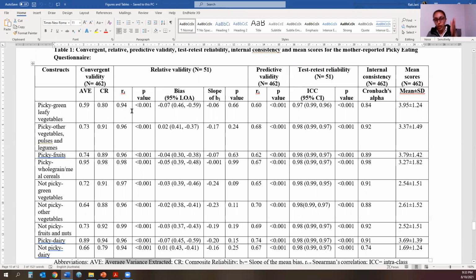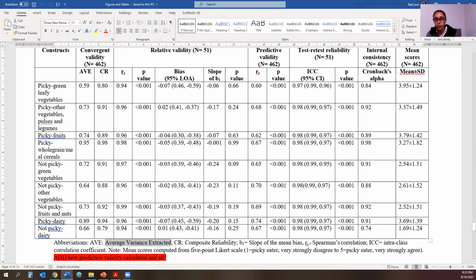So AVE above 0.5 is good. Then you have your composite reliability. Composite reliability above 0.7 is good. So composite reliability is very, very similar to Cronbach alpha. Both of them above 0.7 means you have good composite reliability. Over here, you have good Cronbach alpha, internal consistency.